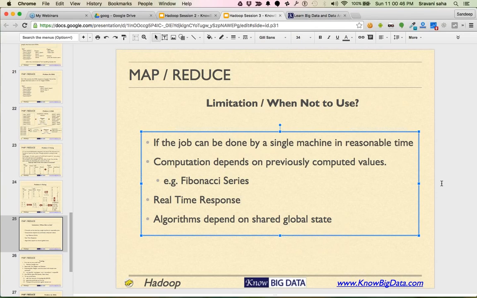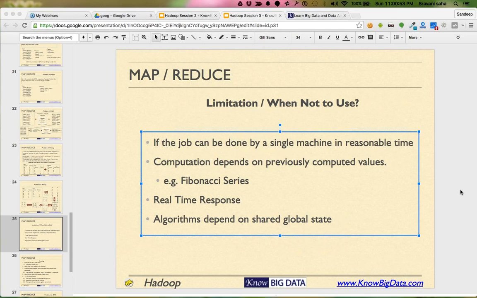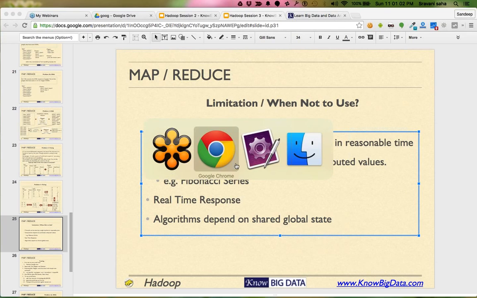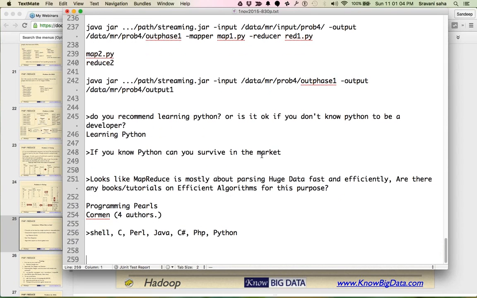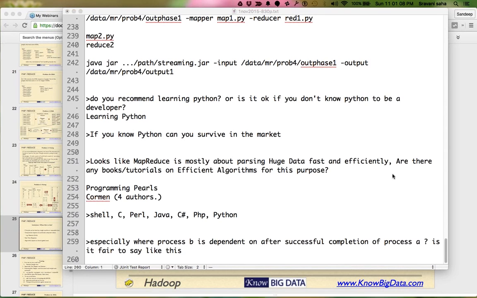Second, the whole job will take horribly huge time.